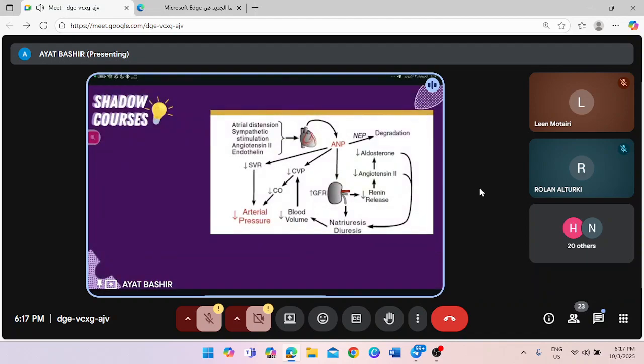It will also decrease all the things that increase blood pressure, for example the blood volume, the cardiac output, the renin activation, angiotensin 2, and aldosterone. All of this will decrease because we want to decrease the blood pressure, not increase it. Okay? Until now, is it clear?